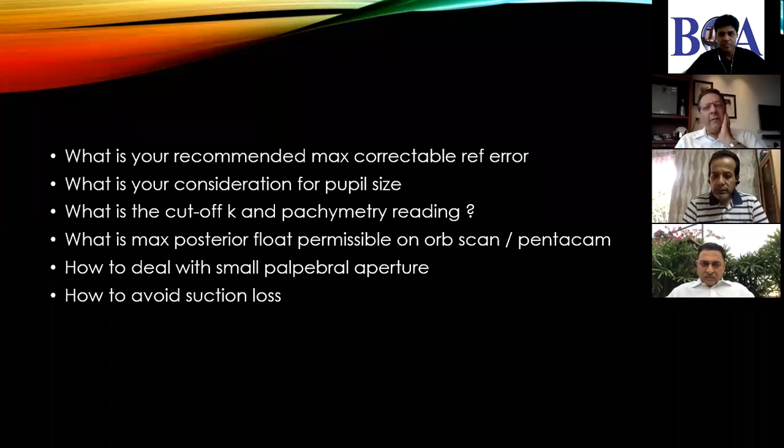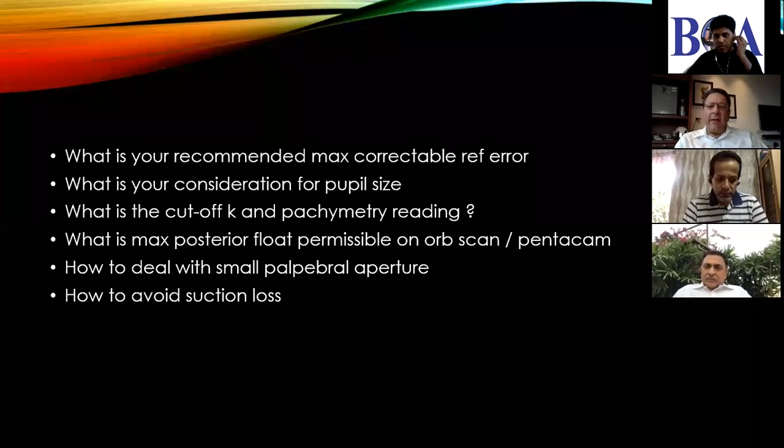At the onset, I'm working a little differently in that I do TopoLink for all my cases. So I, by default, see the pupil size for all my cases, measured on the TopoLink setup. I use the Zeiss system.